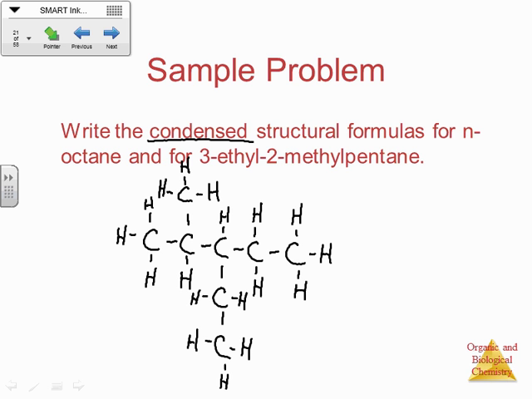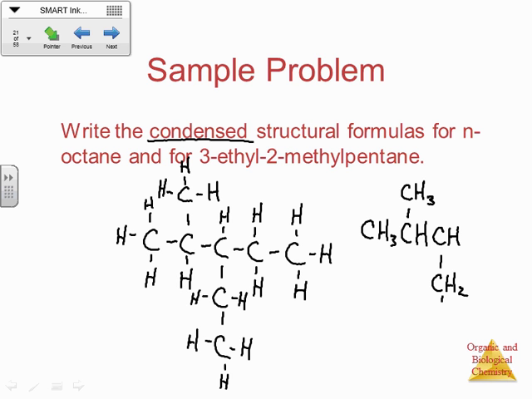Okay, so if I'm writing the condensed structural formula for this one, what I'm going to write here is CH3. I have room for this. The next one is just CH, and then off of that I have my methyl group, which is a CH3. Okay, and then my next carbon, I've just got CH again, and off of that is my ethyl group, which is CH2.